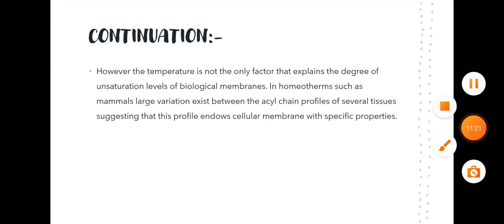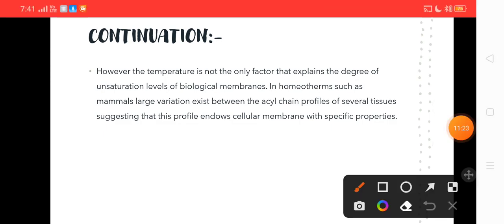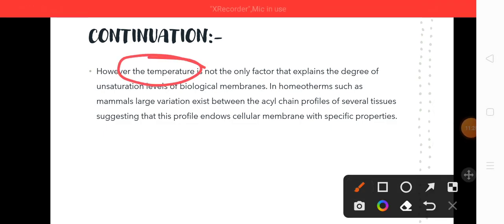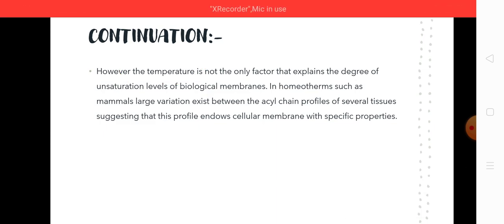Now this is about the prokaryotic organism, but temperature is not enough to explain the amount of unsaturation in fatty acid chains in eukaryotic organisms, because in eukaryotic organisms things are completely different and much more diverse.